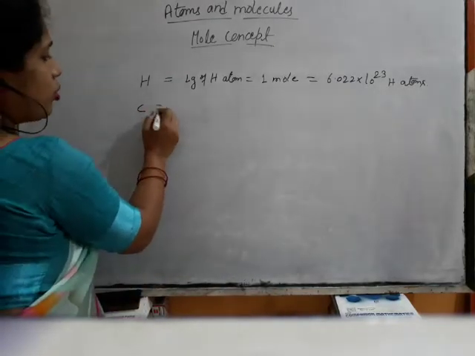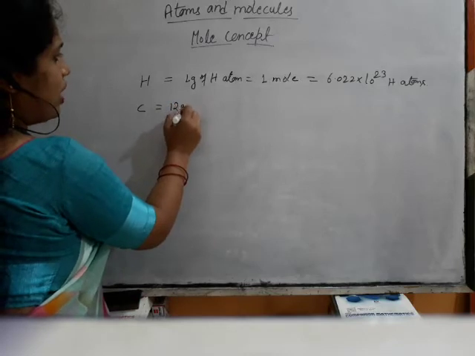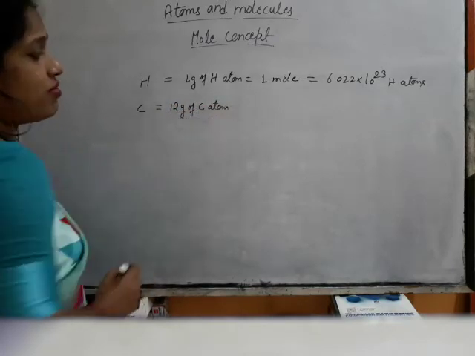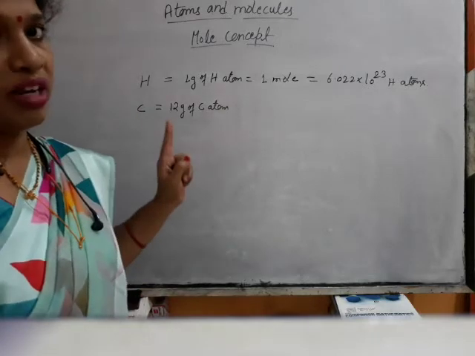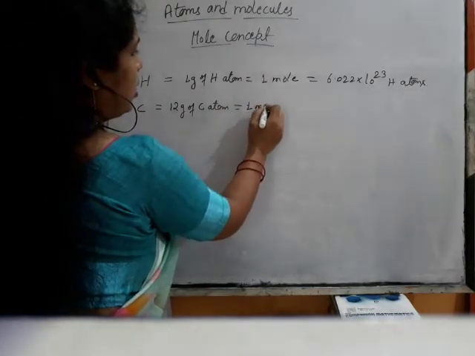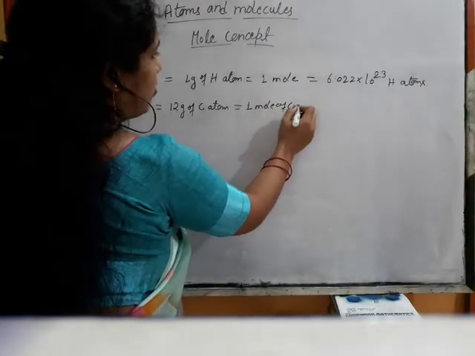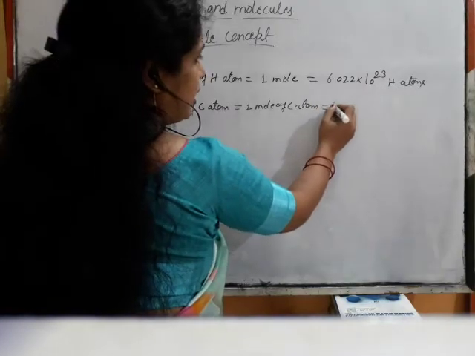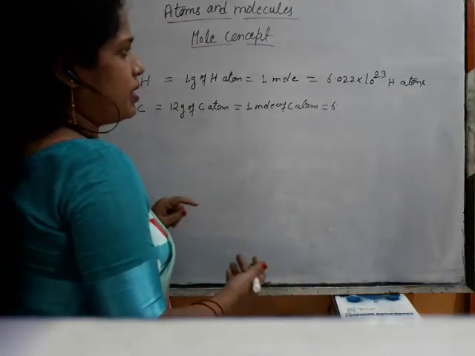The gram atomic mass of carbon is 12 gram of carbon atom. We are talking about atomic mass only now. Okay. So it is again 1 mole of carbon atom.